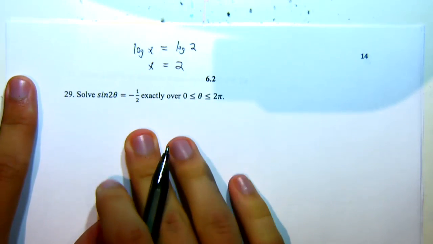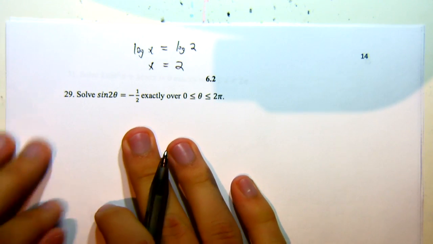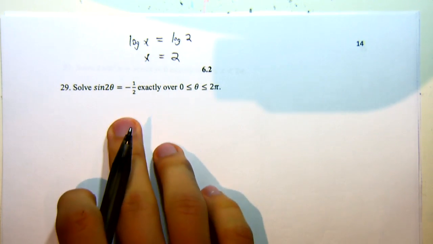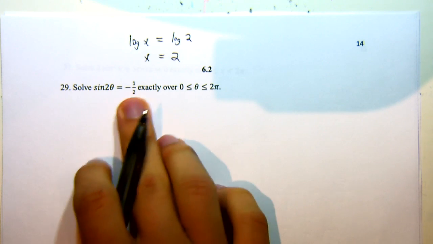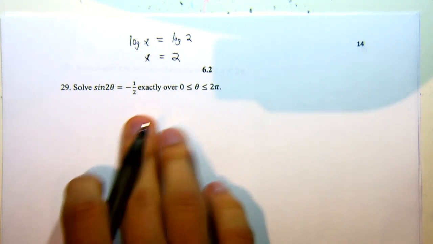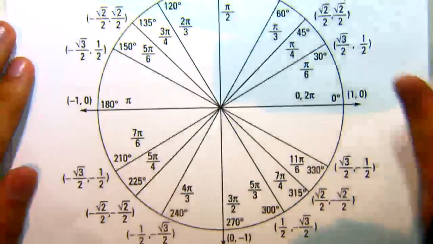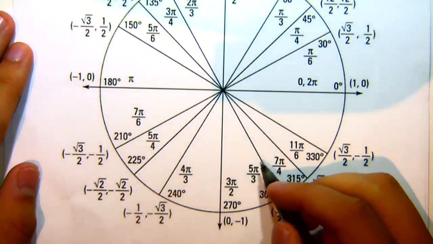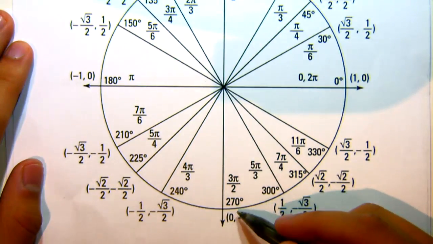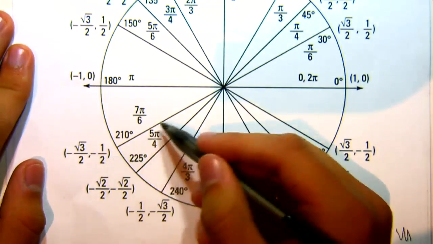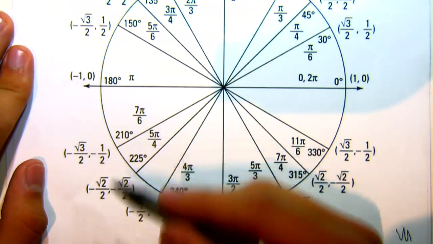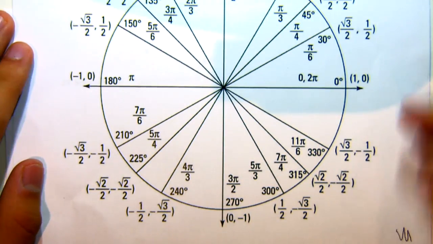So we could apply that exact same principle to this question. So we want to find where sine of 2 theta is equal to negative 1/2. So we know that sine is equal to negative 1/2 in the third and the fourth quadrant, so that's where y is negative. So negative 1/2 at 7 pi over 6 and also at 11 pi over 6.